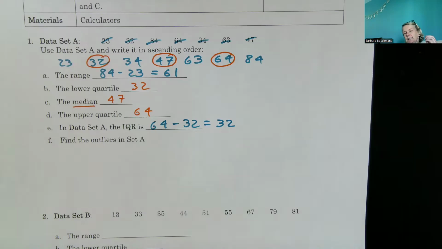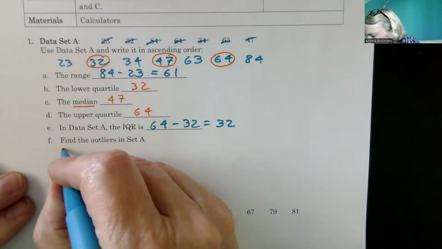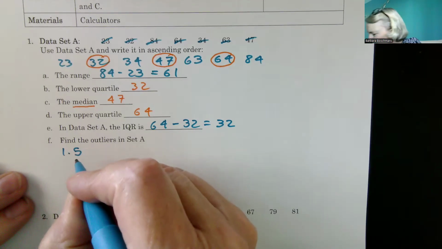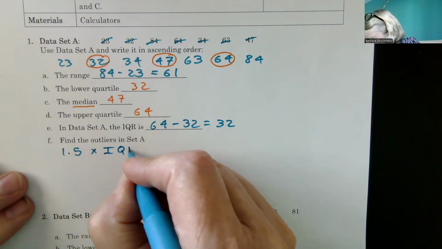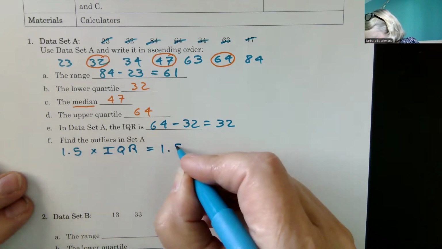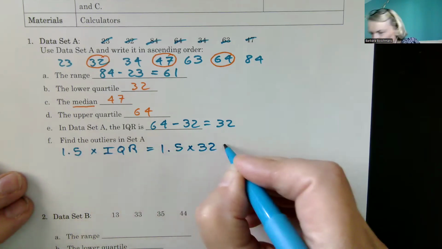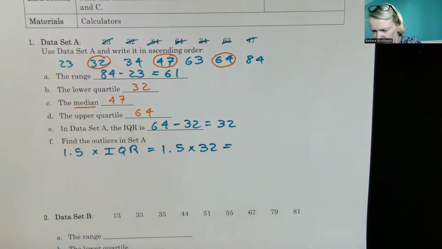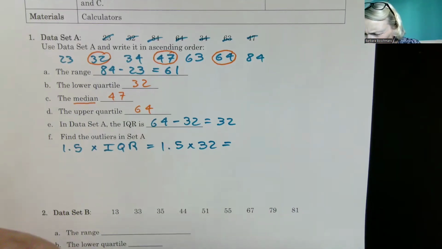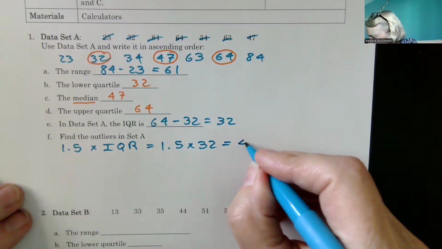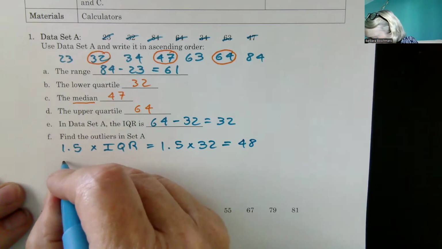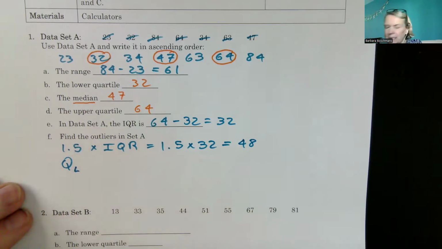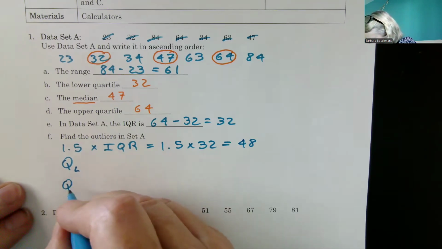The very first step is you're going to do 1.5. It is always 1.5 times the IQR, the interquartile range. So 1.5 times 32. And I get 48. Then we're going to take the lower quartile, so Q, and we make this little subscript L, and the upper quartile.